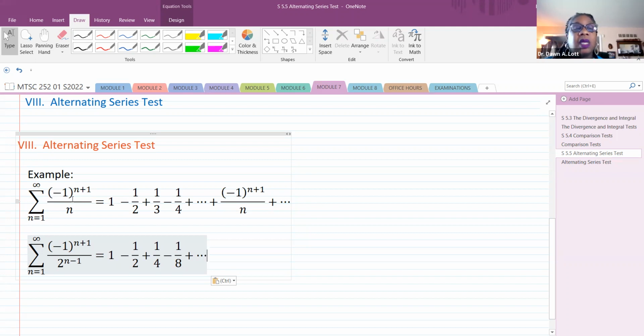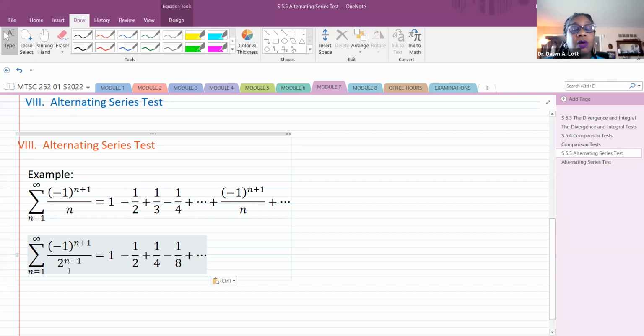Either way, the terms are alternating between positive, negative, positive, negative. So -1 to the n plus 1 divided by n: for the first term you put in n equals 1 and you get -1 squared, so that term will be positive. The second term you put in n equals 2, so I get a 2 in the denominator, -1 cubed, which will make it negative. The next term I get a 3 in the denominator, -1 to the 3 plus 1, which is -1 to the 4th, so that's positive. So this is an alternating series.